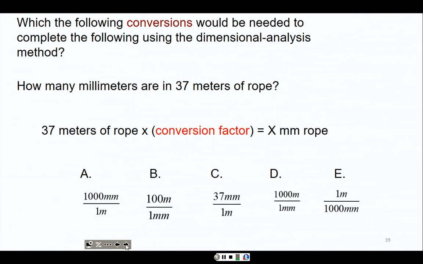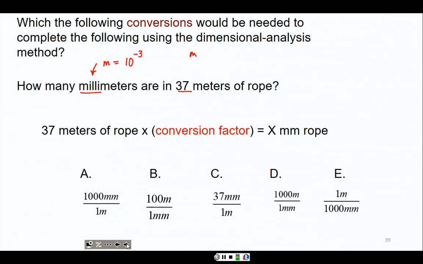All right. Now, let's see. Which one of these conversion factors would you use to complete the following with a dimensional analysis, converting millimeters and meters, finding out how many millimeters are in 37 meters of rope? Wow, how many millimeters goes with a meter? Well, go back to our metric prefixes. Milli is m. It means 10 to the minus 3. Go back and check that chart earlier in the chapter if you don't recall. And that's the prefix m.